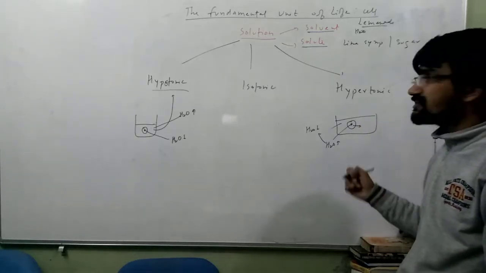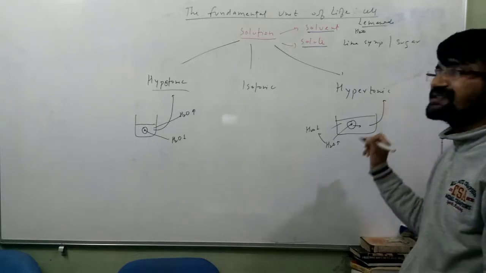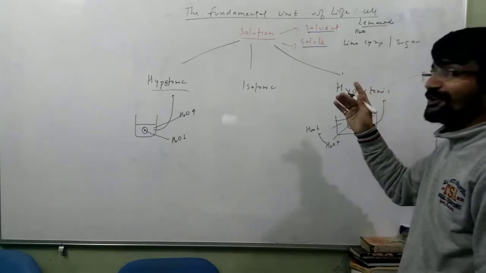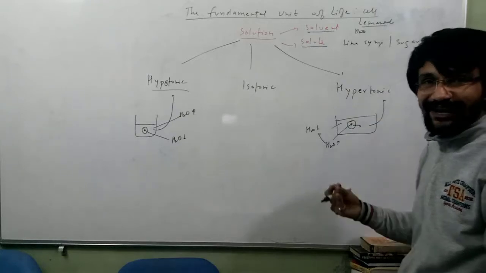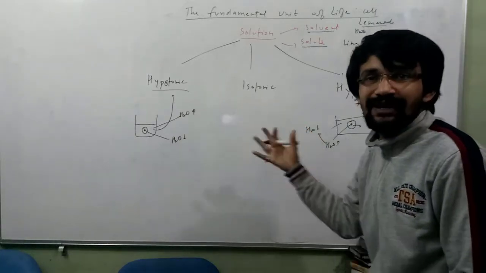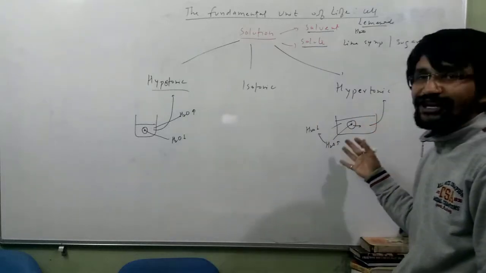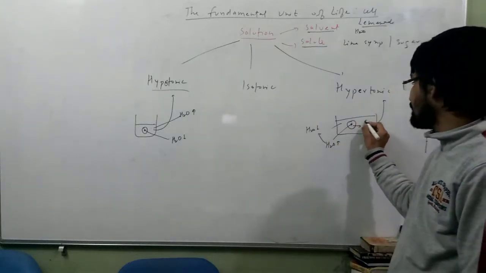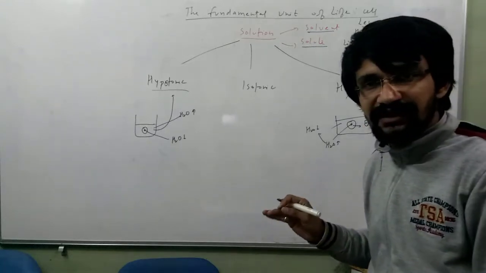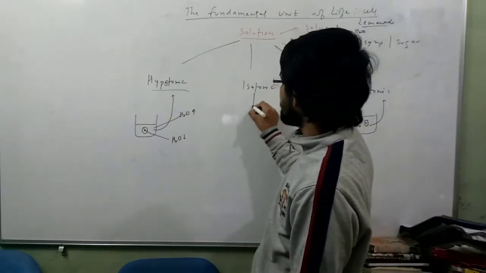This kind of solution will be called a hypertonic solution. So E basically cannot take a lot of water inside it, so that's why it will move out. That's why I said O basically means to swell and E basically means to shrink. So here the cell will be shrinking in size. Is that clear, everyone? Now it's pretty easy.